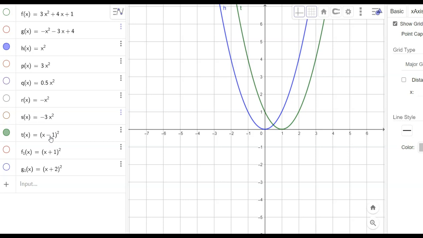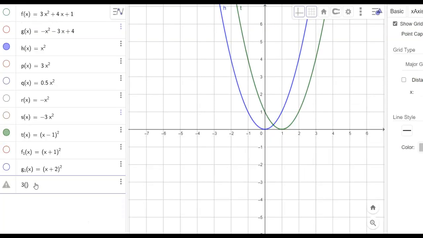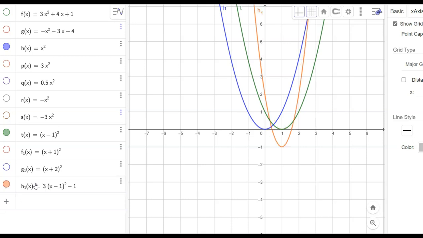And for example, if I now do this, what happened then? So now if I take 3 times x minus 1 squared minus 1, if we start with the x squared, that's this one, blue, then we moved it one step to the right by putting a minus 1 here inside.